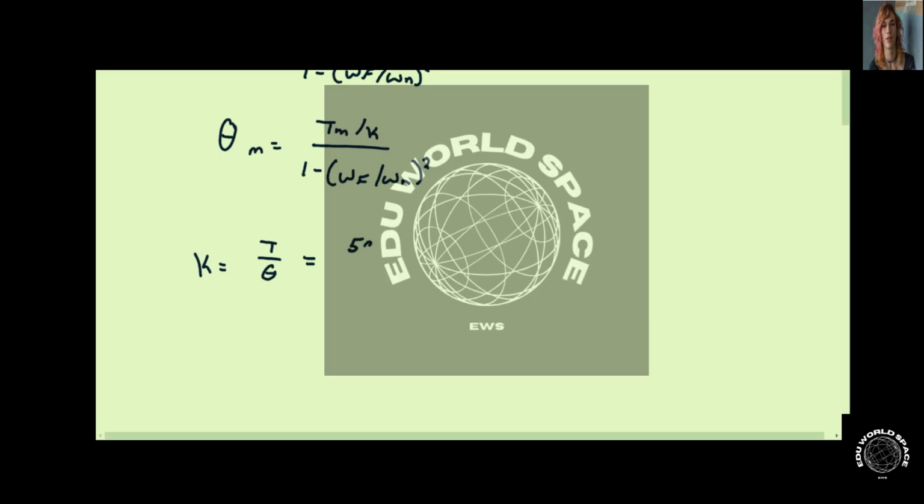And that is 50 Newton meters over 3 pi over 180 radians, which equals 3,000 over pi Newton meters per radian.